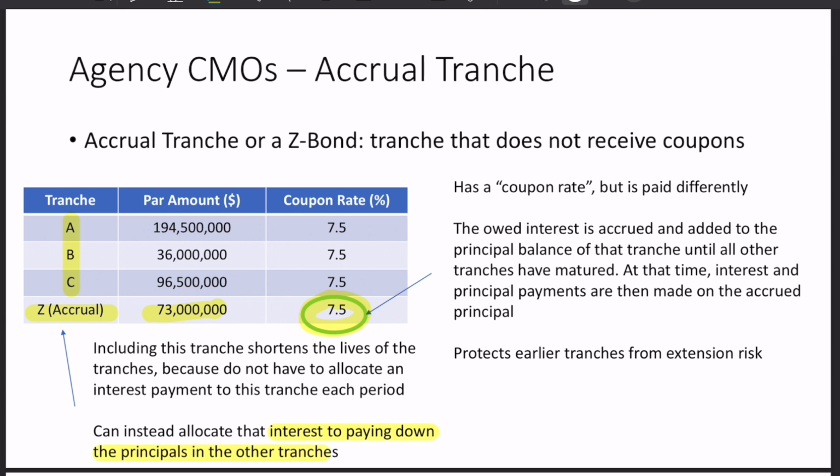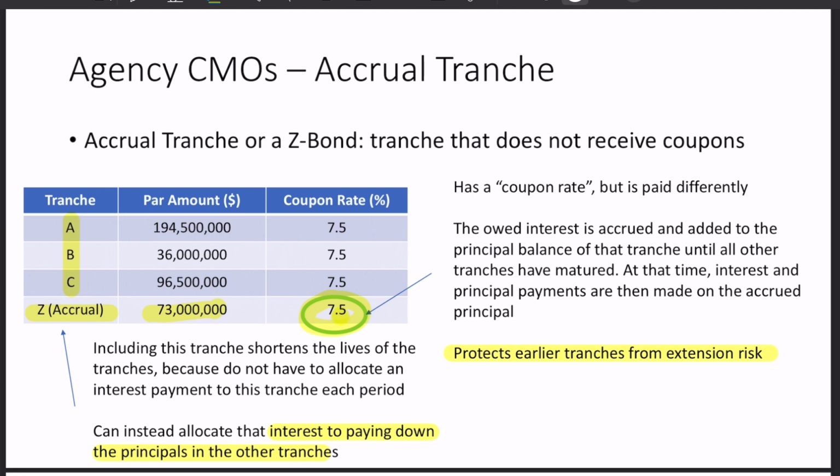So for example, the first months, right, all the way up through whatever month it may end up ending, all of that interest that would have gone towards Z is now actually going to go towards paying down A. What does this do in the grand scheme of things? So what this does is this actually shortens the lives of the earlier tranches. So it's going to protect those earlier tranches from extension risk.